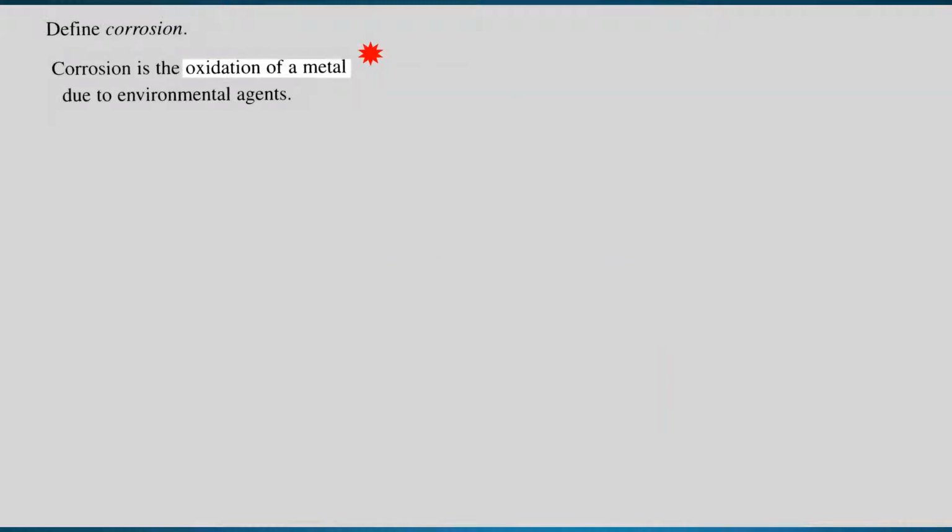Definition of corrosion, rusting. Corrosion is the oxidation of a metal due to environmental agents. What's meant by oxidation of a metal?